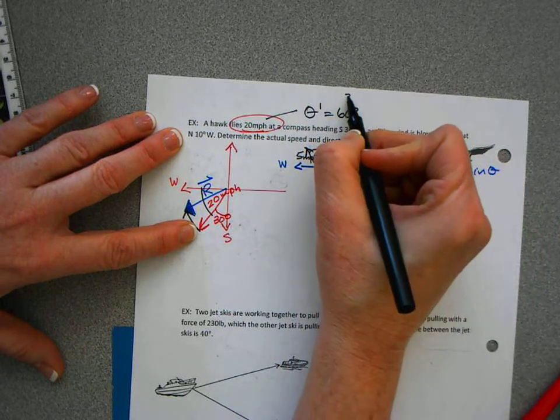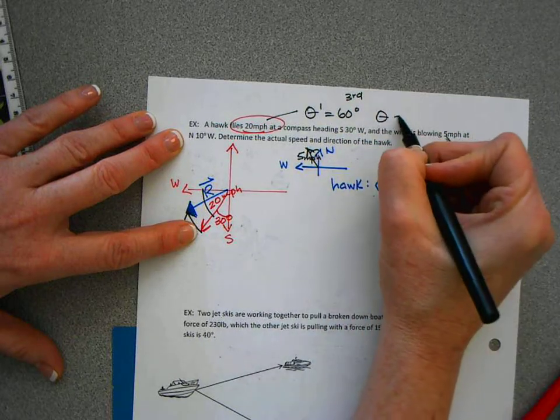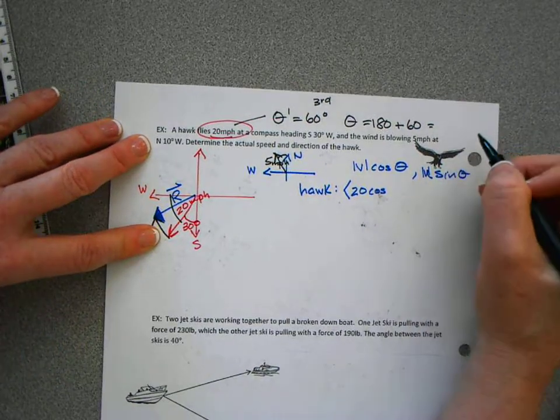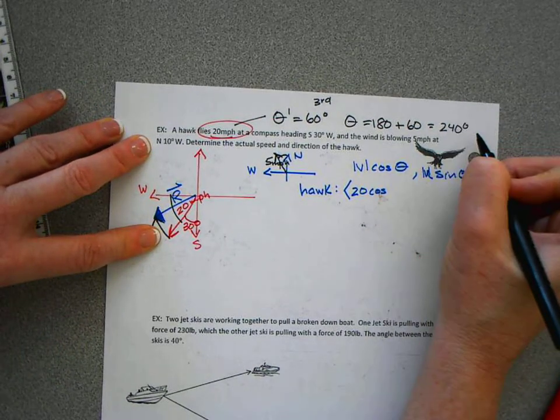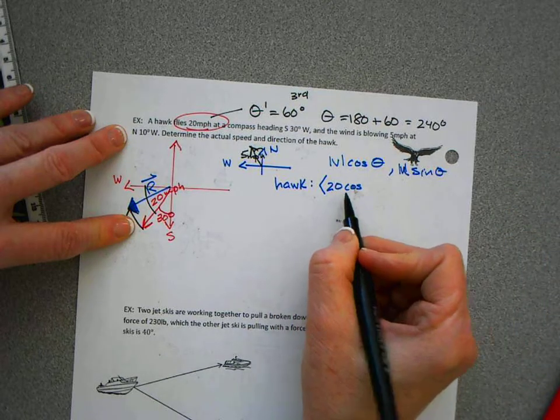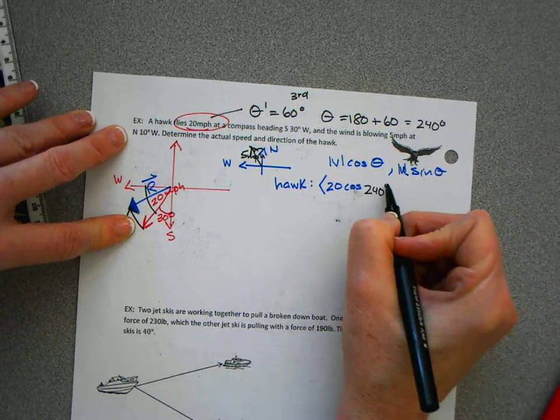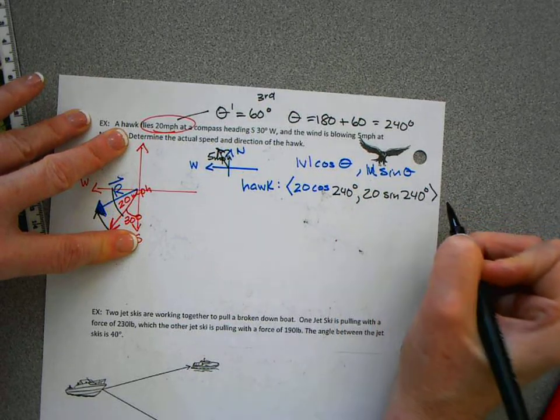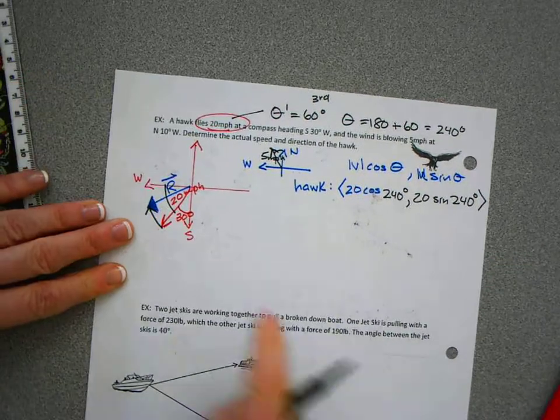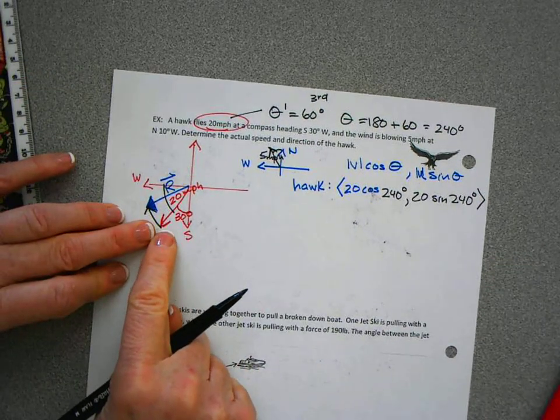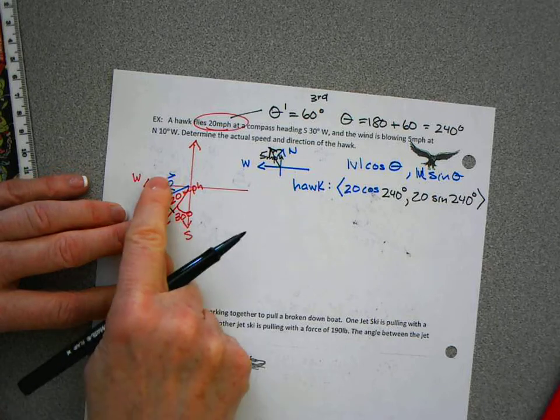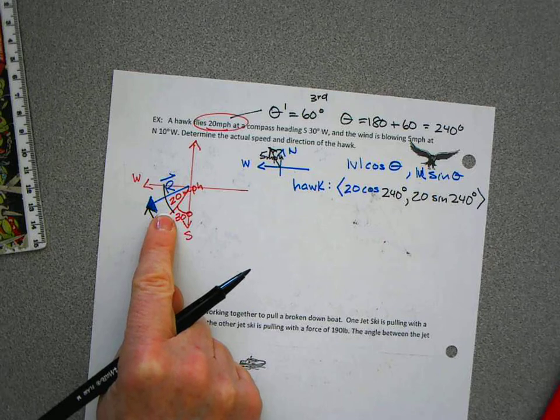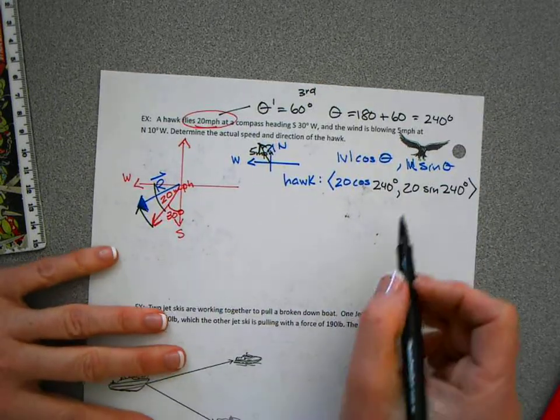We're in the third quadrant, so theta itself is going to equal 180 plus theta prime, which equals 240 degrees. So the hawk is 20 cosine 240 degrees and 20 sine 240 degrees. I apologize for not doing that right when I drew the arrow, but when you draw these, find theta. We see 30, we know how to get theta itself. All right, for the hawk.